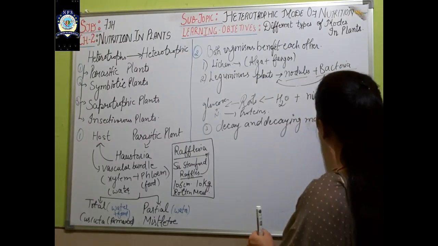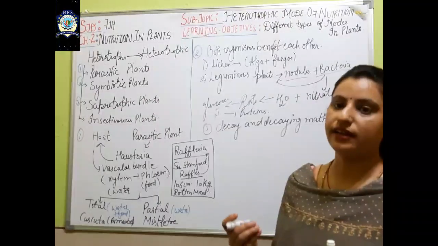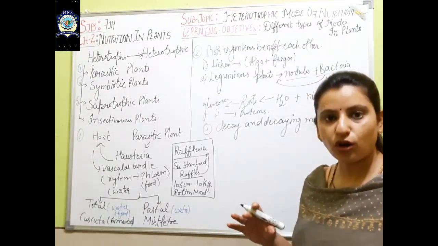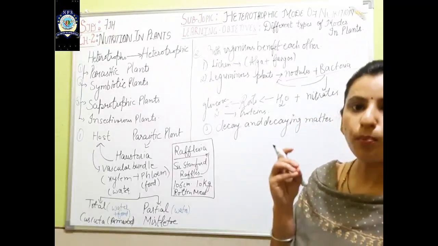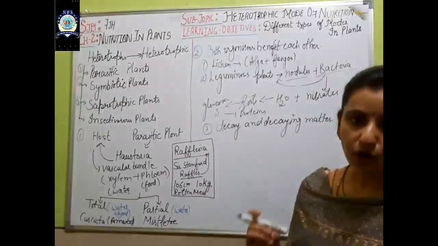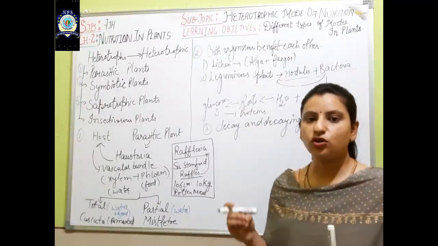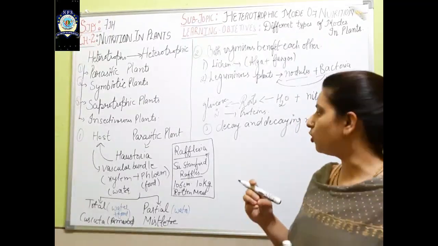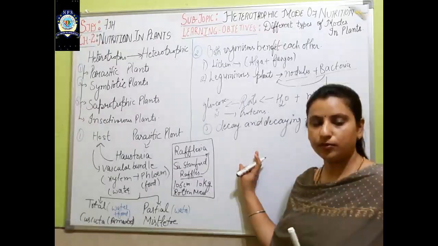So what are they doing? They are growing on the body of dead decaying plants and animals. They release digestive enzymes on the body, and those digestive enzymes transform the complex form of the body into a simple form, and this simple form gets absorbed by the body of the saprophytic plants.